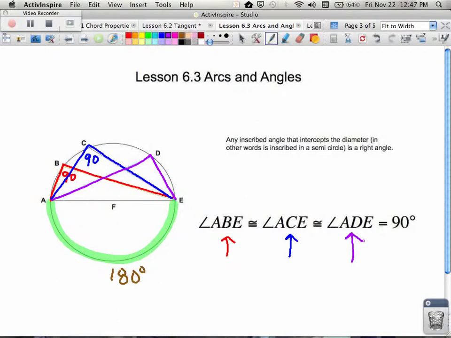So that inscribed angle in purple would have to be half of that intercepted arc, or in other words, 90 degrees. In any case, any inscribed angle that intercepts the diameter, which in this case I'm going to denote in light blue, will be 90 degrees, or in other words, a right angle.